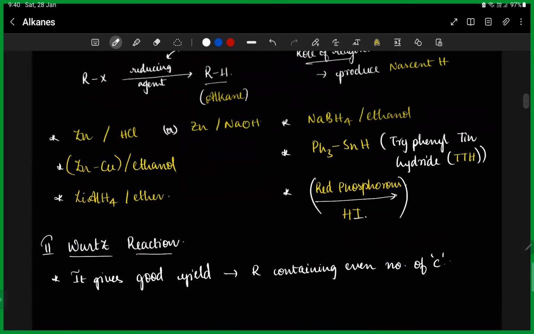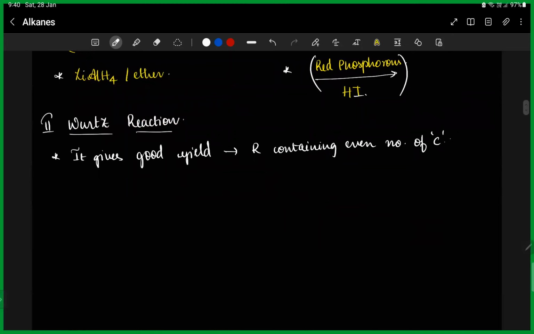It is an important point. Many questions are asked on this. The chain containing an even number of carbons.